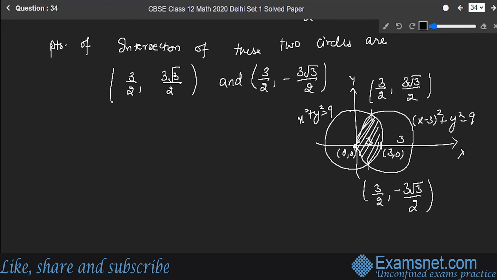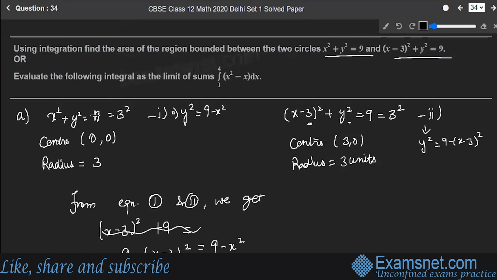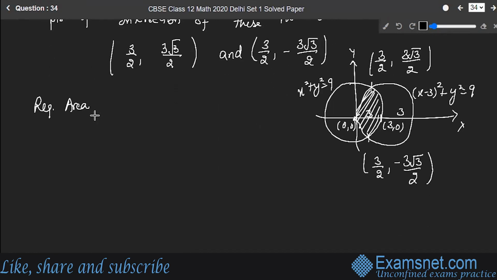Now you have to find out the required area. I'll use the integration method. I think it's said in the question as well. Yes, we have to use the integration method. So required area will be equal to, I'm going to find out this area first. Not this area, sorry. I will find out this area.